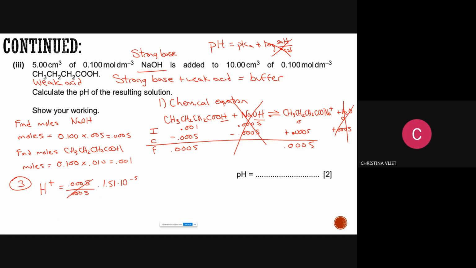So H plus is just equal to that. And so if you take the negative log, what does that give us? pH is, I get 4.82. See if you get the same.